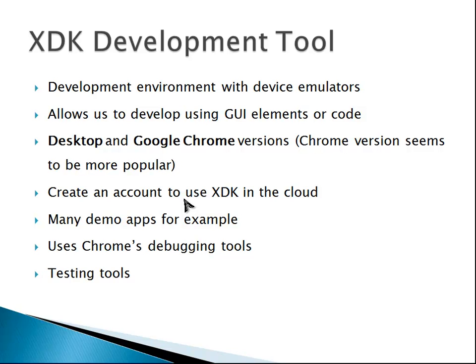Pretty easy to sign up. We'll go through that process. There's many demo apps that can be used for examples, which I found really nice because they have a demo app for the geolocation functionality, for the accelerometer, things like that. And it uses Chrome's debugging tools, which are always very helpful, and it also offers some testing tools.